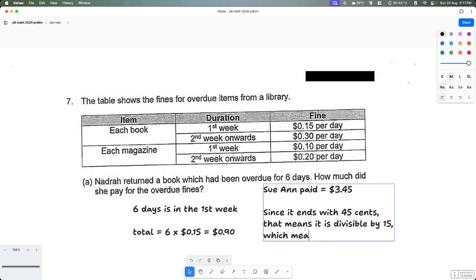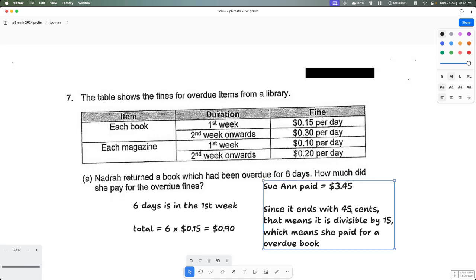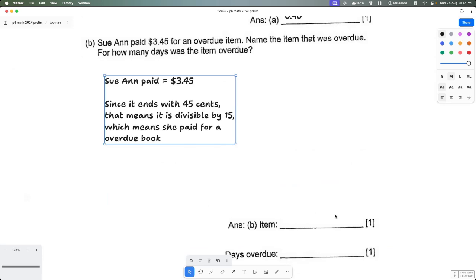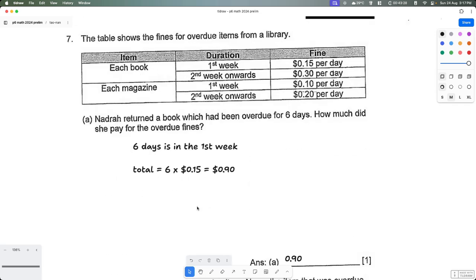Which means she paid for an overdue book. So we know that this is a book. Okay, so how long was it?